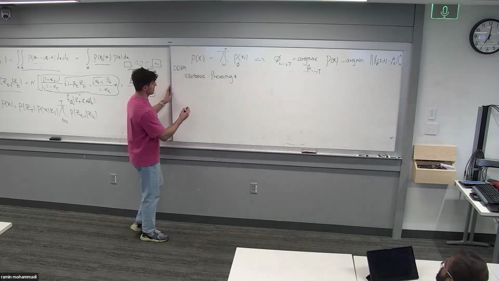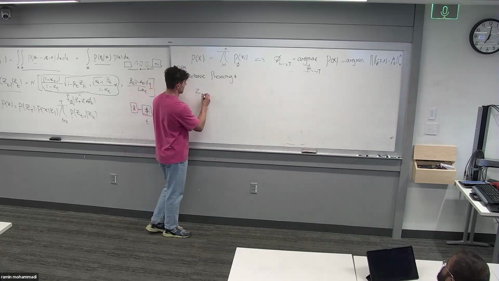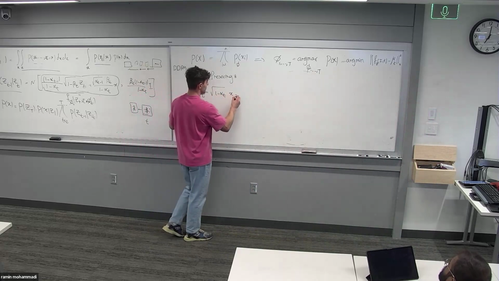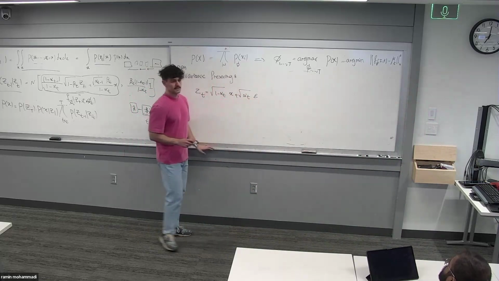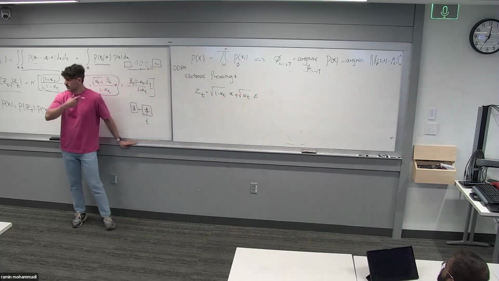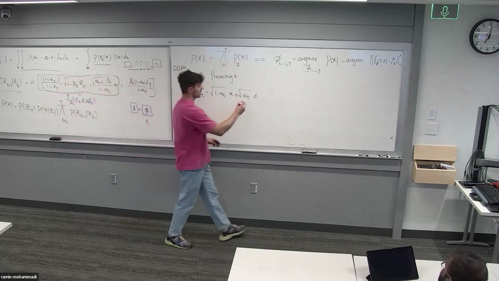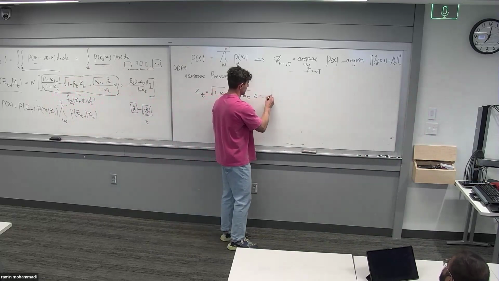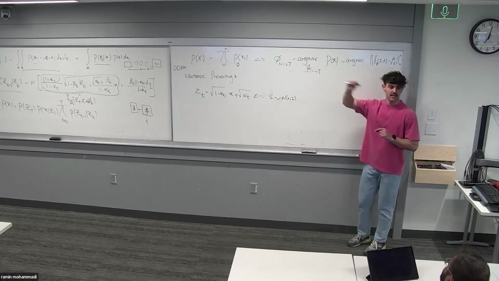So if we know that ZT is calculated from square root of 1 minus alpha T times x plus square root of alpha T times epsilon, right? And epsilon is technically the noise that you have added. The rest of it is known. So epsilon is the stochasticness that you had during the forward process.